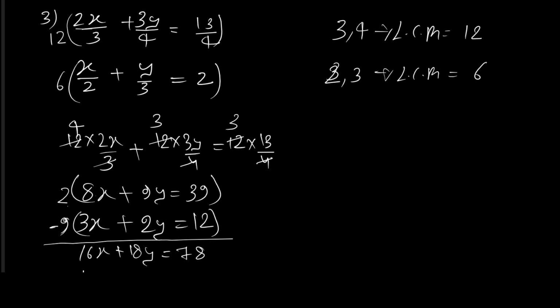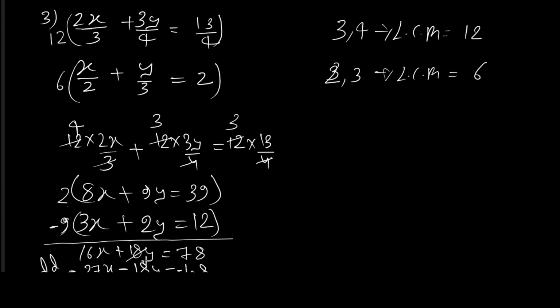Then -9 times 3x gives us -27x, plus -9 times 2 gives us -18y, equals -9 times 12, which gives us -108. It is in minus, so let's add the equations.